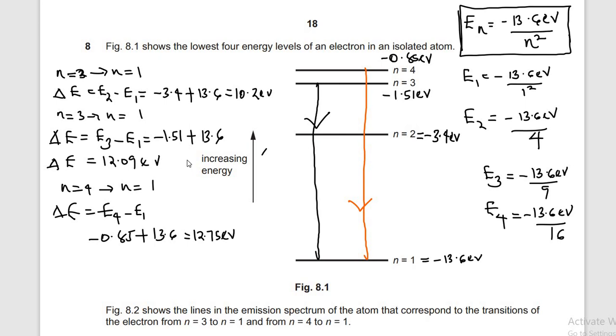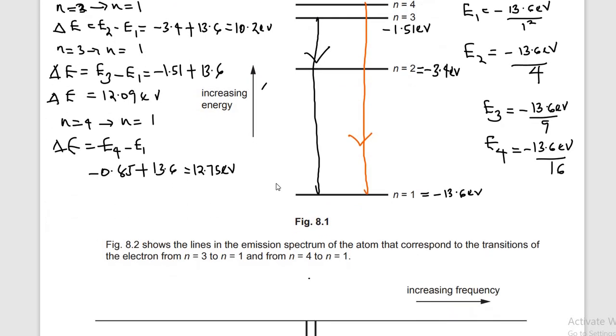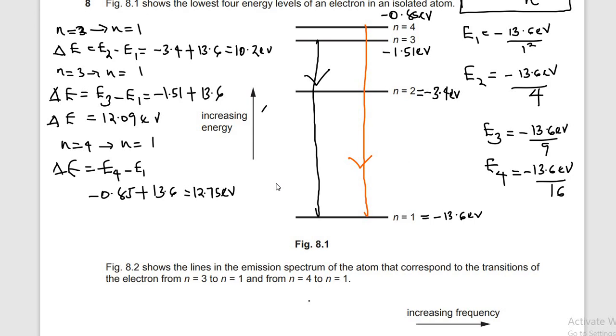What we notice is that the difference of energy level gives us a single photon, and this 10.2 is unique to a particular frequency. This 12.09 is also unique, or discrete, to a particular frequency.